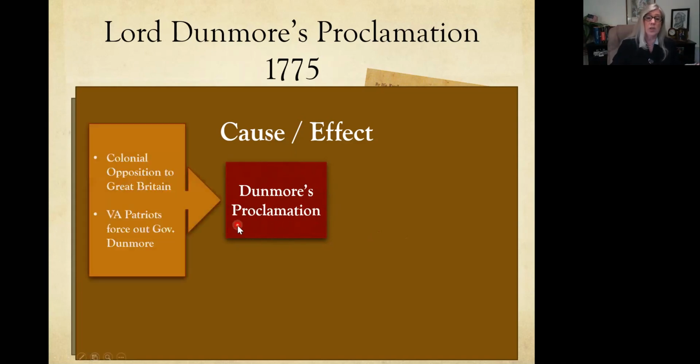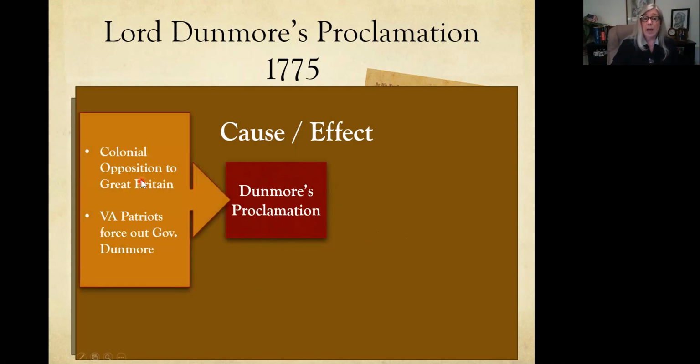Okay, so the causes would be the opposition that the colonists had for Great Britain that's played out in military action at Lexington, Concord, and Bunker Hill. And we've got the Virginia Patriots who are trying to force the royal governor out of Virginia. So he's trying to preserve his own job, his own position within Virginia and get things back to the way they were, where he was in charge. So he issues this proclamation.